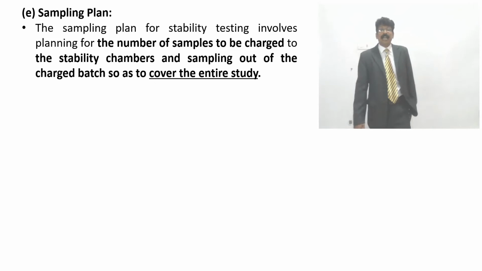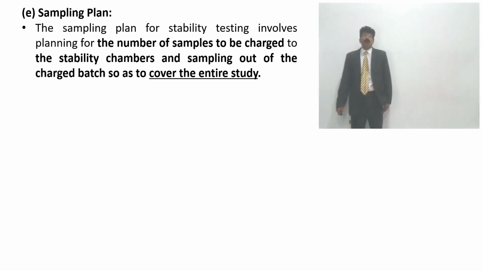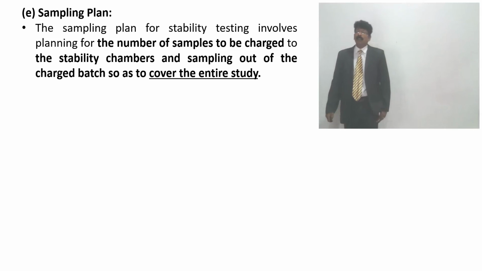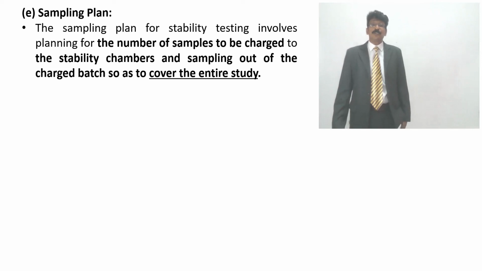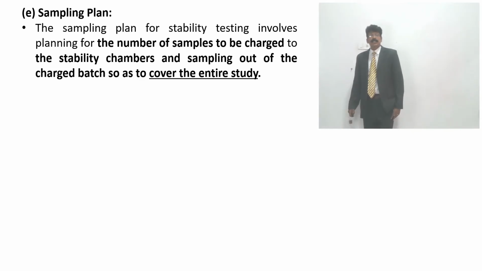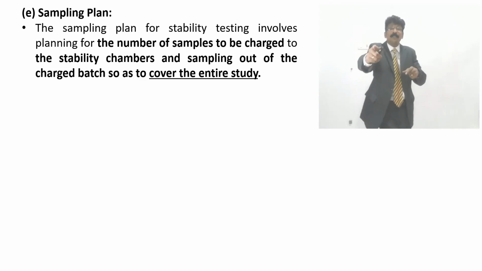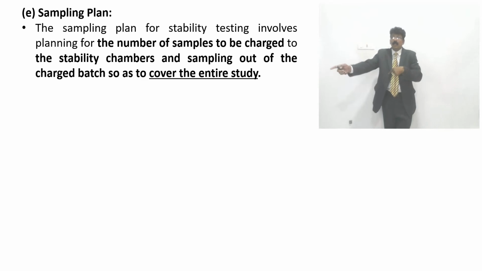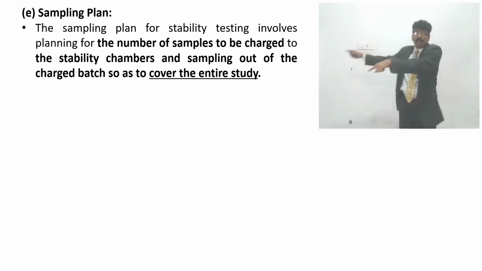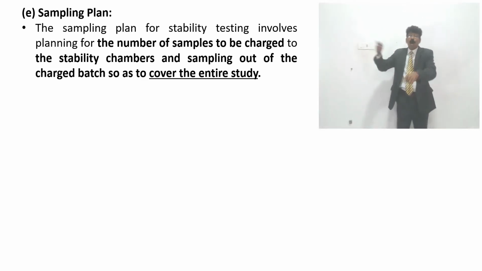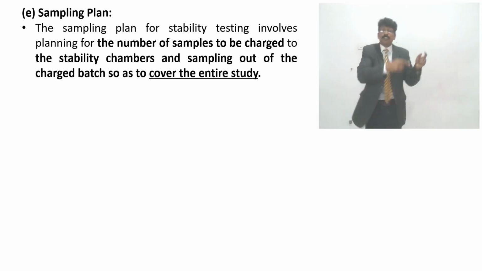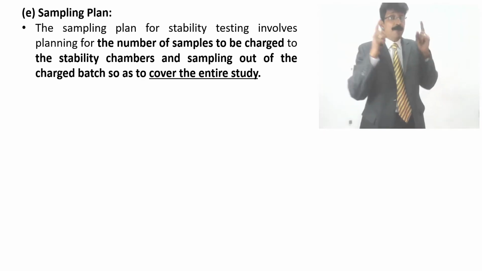The sampling plan for stability testing involves planning for the number of samples to be charged or taken to the stability chambers and sampling out of the charged batch. Which batch? So that over the entire study you are taking some sample which will relate to the overall batch, and how you are taking randomly, how many numbers you have to take. These all they have given, every monograph they have given separately.